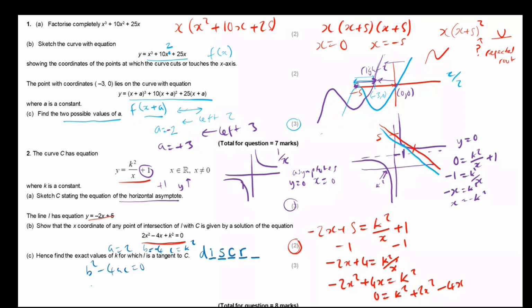So b squared, minus 4 squared is 16, minus 4 times a, which is 8, so it's minus 8k squared equals 0. So we get 16 equals 8k squared. Divide out by 8. So you get 2 equals k squared.